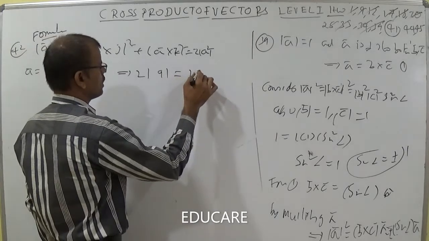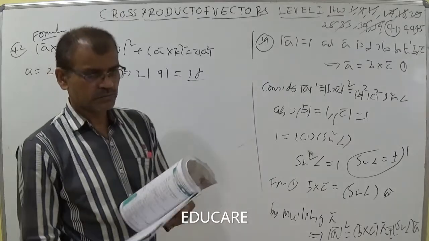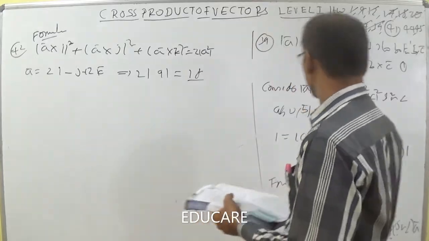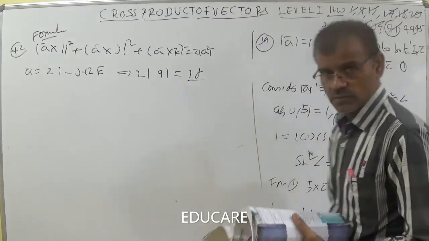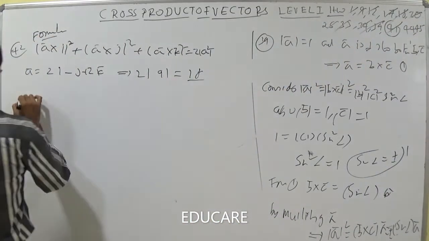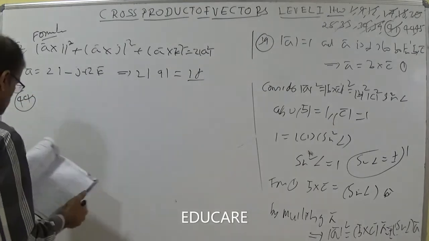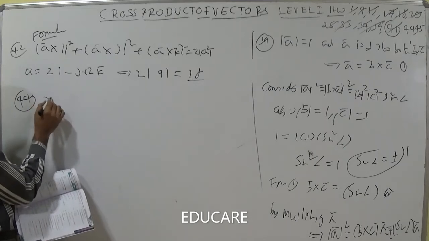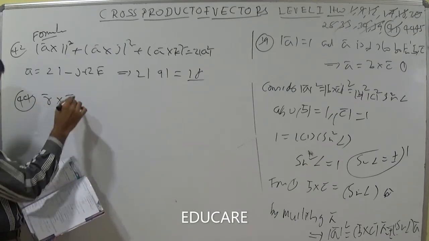So 2 into 9 is equal to 18. Next, let us discuss the 44th question. The 44th question, point of intersection of lines is being discussed. Point of intersection of lines. R bar cross A bar.